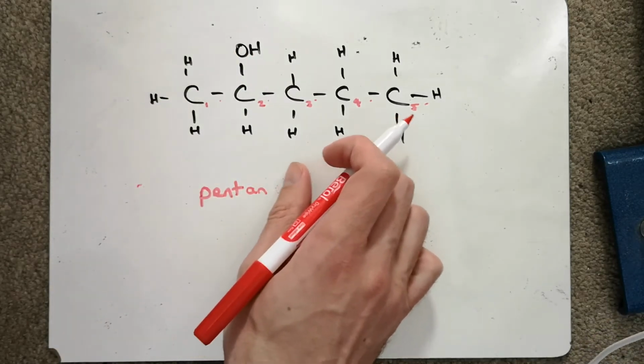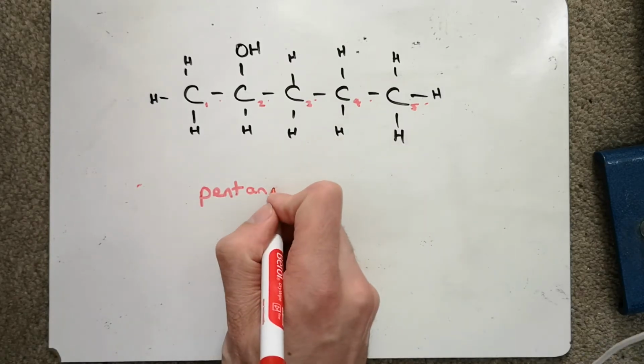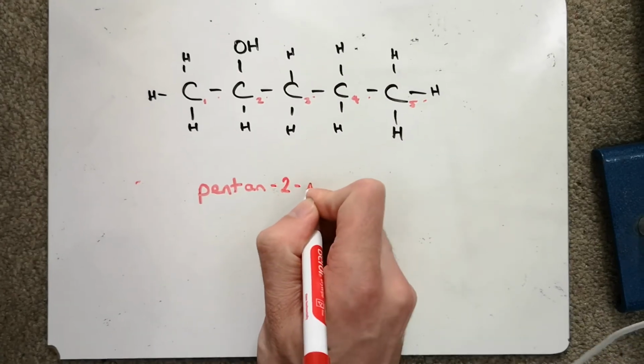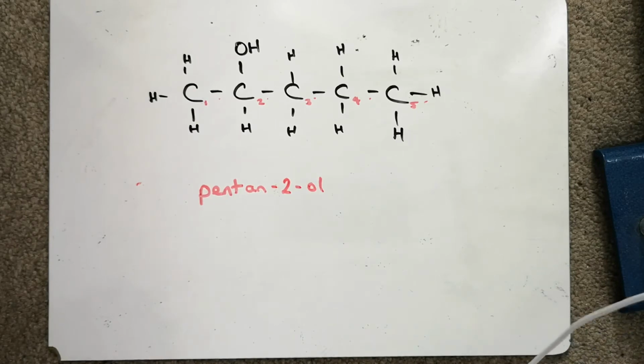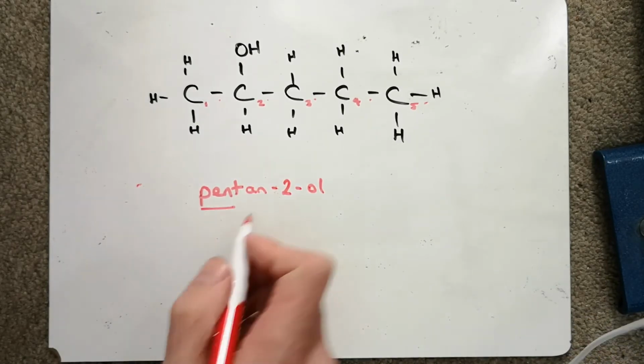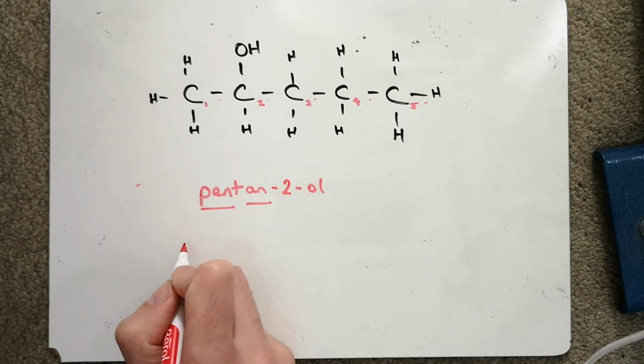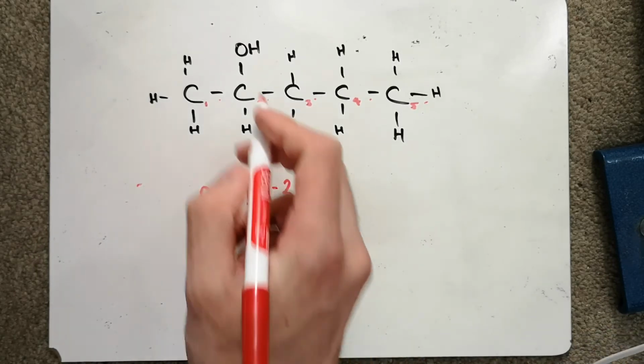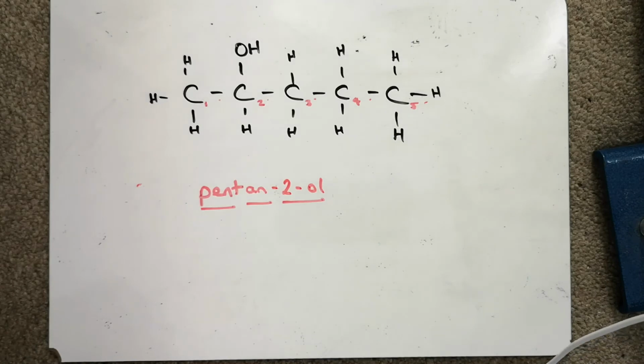So just to clarify where the alcohol group is, this is pentan-2-ol. 5 carbons, so pent, all the carbons single bonded, and 2-ol the position of the alcohol functional group.